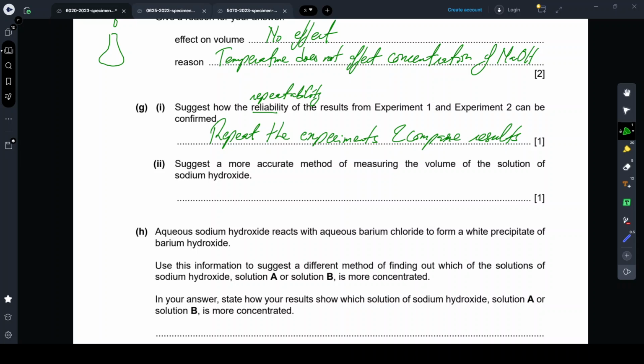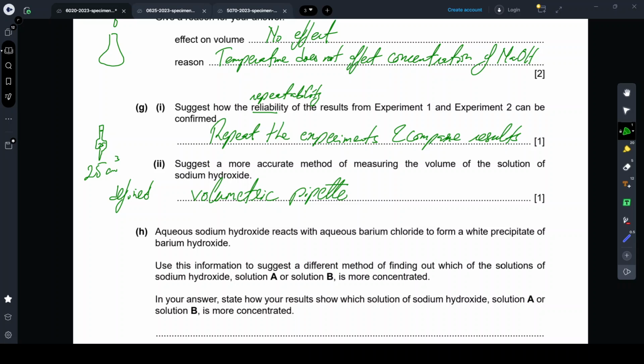What is important to mention is volumetric. What does volumetric mean? It has a defined volume. Right, so you have pipettes that are 25 cm cube. In that pipette, they've got this bulb, and they've got this mark over here. If you fill the liquid up to the mark, it is exactly 25.